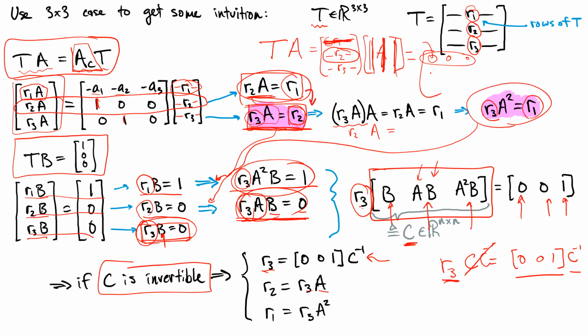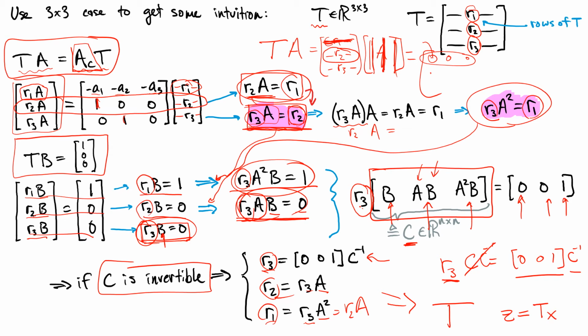Multiplying R3 by A gives us R2, and multiplying R2 by A gives us R1. So knowing R1, R2, and R3 would allow us to give us this transformation T, which is the matrix that defines our new variable Z in terms of our old state space state X.